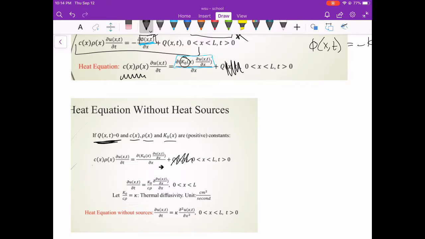This drops out, you can divide both sides by this, and that's where you get this constant thing in front of the other stuff. If you call that kappa, you get the expression as we're looking at it in class. A partial derivative of u equals some constant times the second derivative of u.